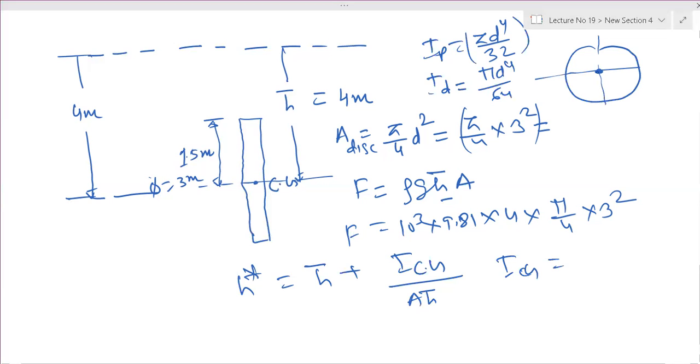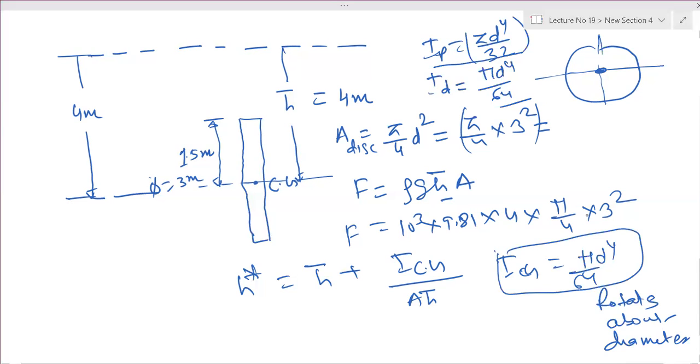So ICG will be pi by 64 d4, because it rotates about a diameter. You have to take the diameter passing through the center of gravity. So this is your x-axis. Then you can calculate H star.